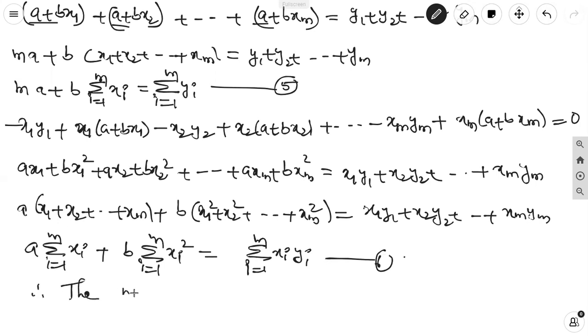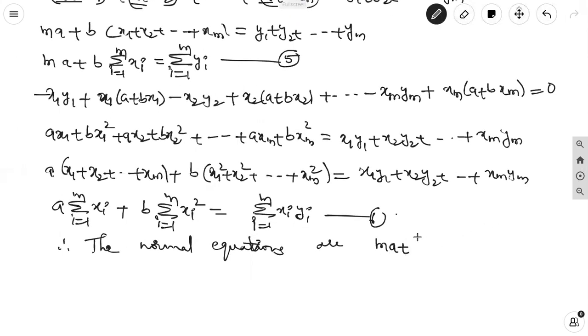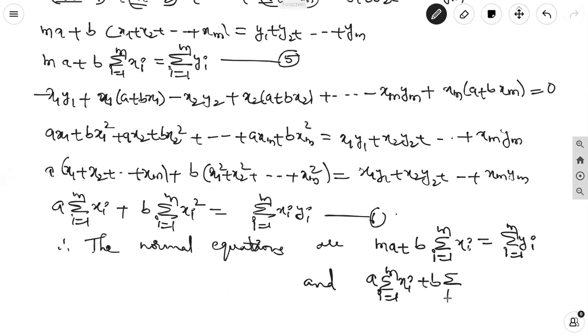Therefore, the normal equations are ma plus b summation i equal to 1 to m xi is equal to summation i equal to 1 to m yi, and a summation i equal to 1 to m xi plus b summation i equal to 1 to m xi square equal to summation i equal to 1 to m xi yi.